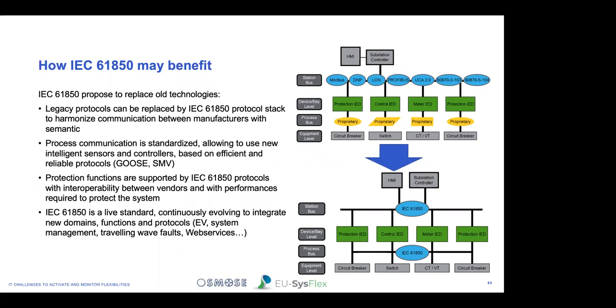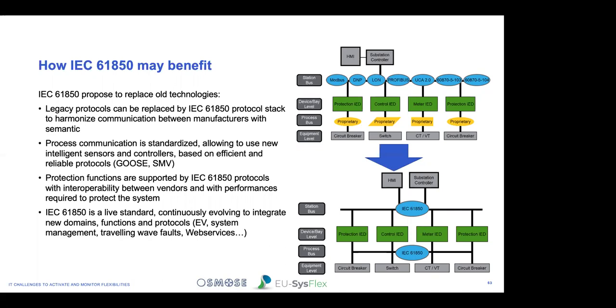You can see on the right the old way of doing systems with different kinds of devices, protection IED, control IED, meters, which communicate together with a lot of protocols, Modbus, DNP3, 101, 104, and so on. So this continues to have different implementations, with a risk of loss of interoperability if some manufacturer has not implemented this in the right way.